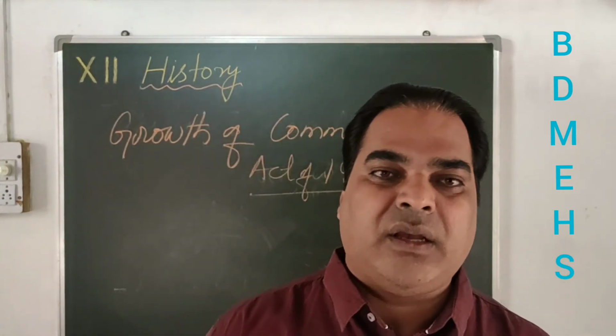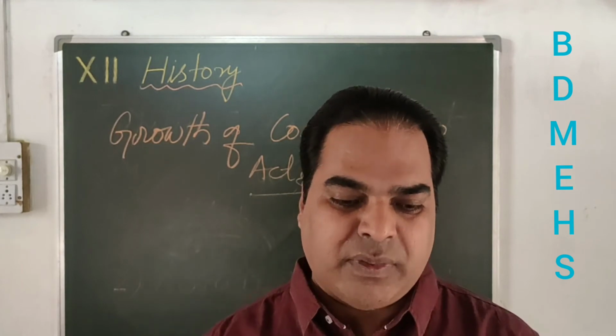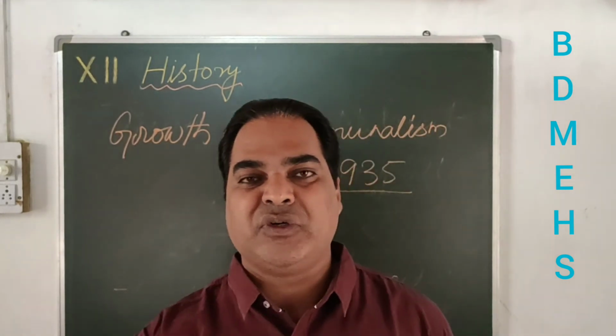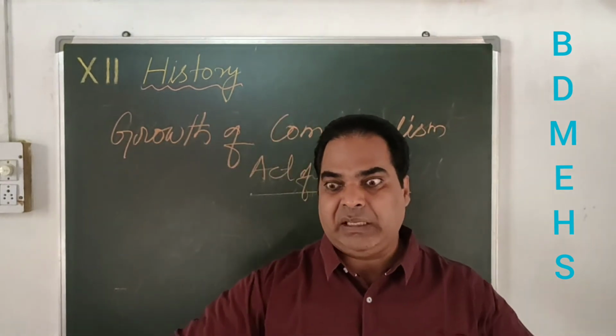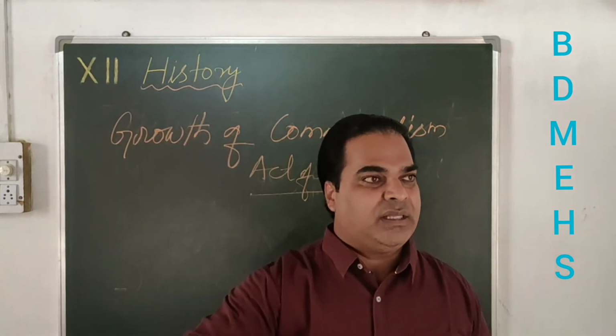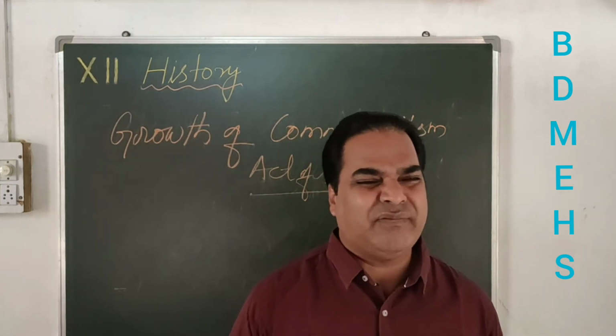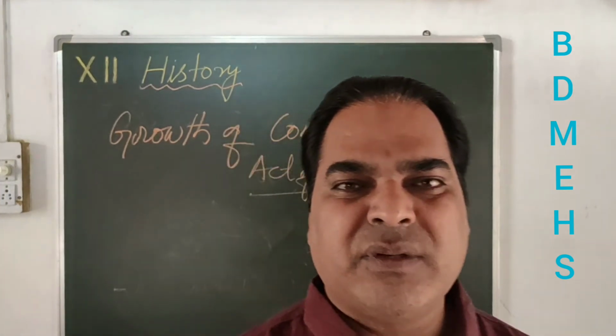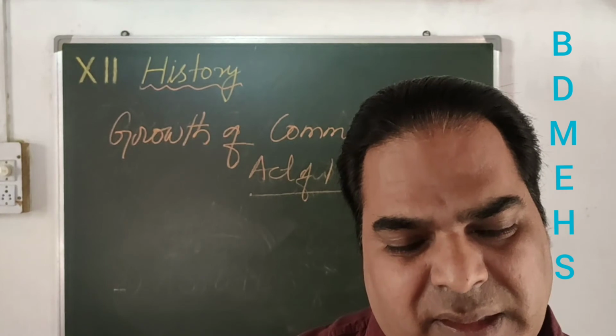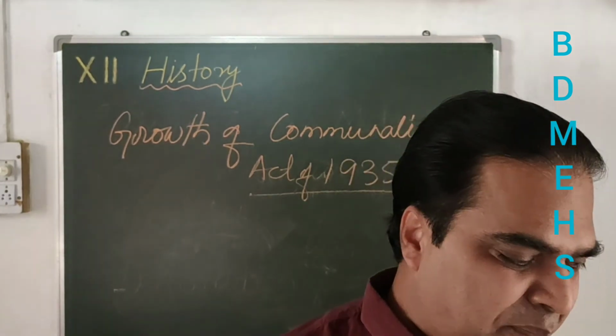As a result, communalism began to emerge as an organized mass force. The minds of the Muslims were completely changed. They went on protesting everywhere, and the demand for a Muslim state continued violently.